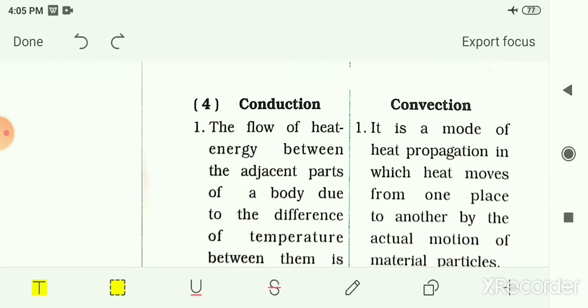Then we solved the textbook exercise, and I hope you have already written that exercise in the notebook. In the extra exercise, some additional exercise, we had seen choose the correct option, fill in the blanks, answer in one word, true false, answer in one sentence, definitions, and select the odd one out.